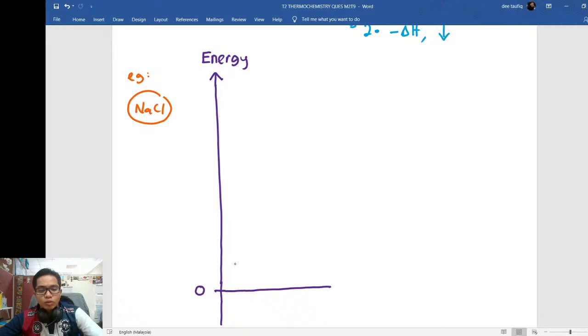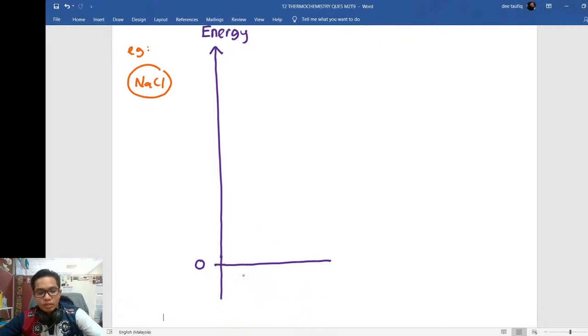Okay. So, for NaCl, the first equation that we are going to write is for the enthalpy of formation. So, saya pindahkan ke sini jauh sikit. Delta H F, formation, for NaCl.